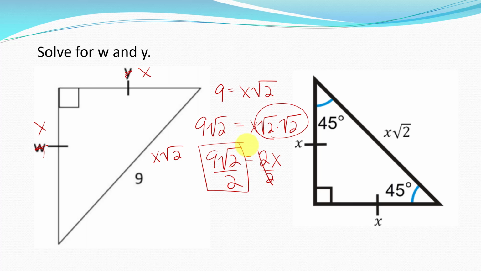So what I'm going to notice is that every time I work backwards, I take this number, 9, and I'm always going to multiply it by the square root of 2 and divide by 2. That's what's going to happen every time. 9 square root of 2 divided by 2. So that one's a little bit funky, but it is still pretty doable.